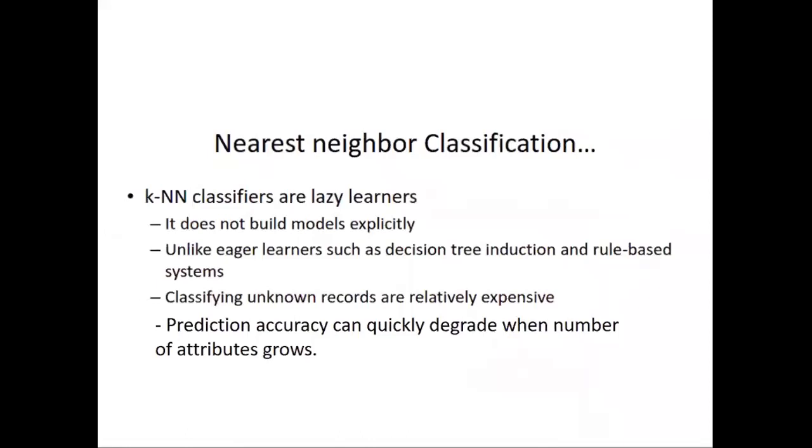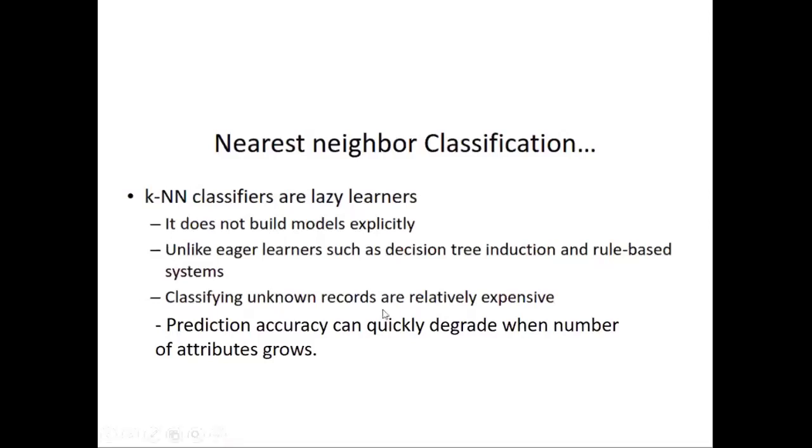So it is called a lazy learner because it stores all the examples in the memory. It is a lazy learner, unlike decision tree and all. Again, you have not learned those algorithms, so I am not going to compare it right now.